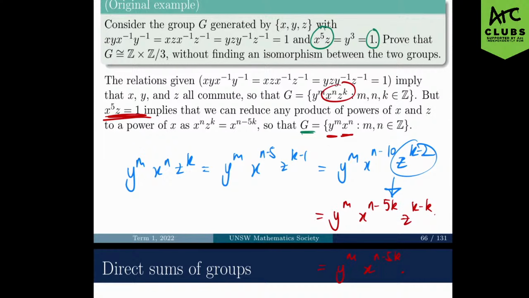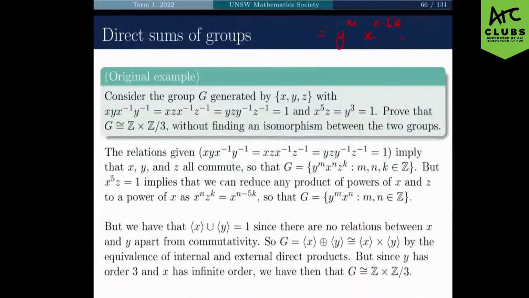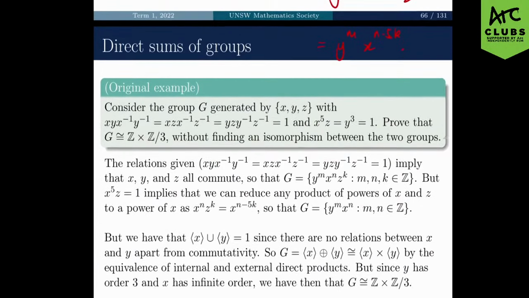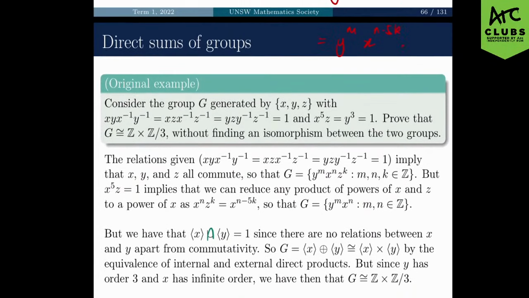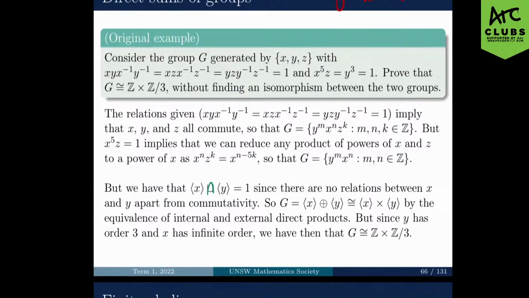You can probably guess that at this point we want to start using y to the 3. In particular, this is a typo, it should be this over here. But before we go into that, basically what this means is that we've got an internal direct product of the group generated by y and the group generated by x.